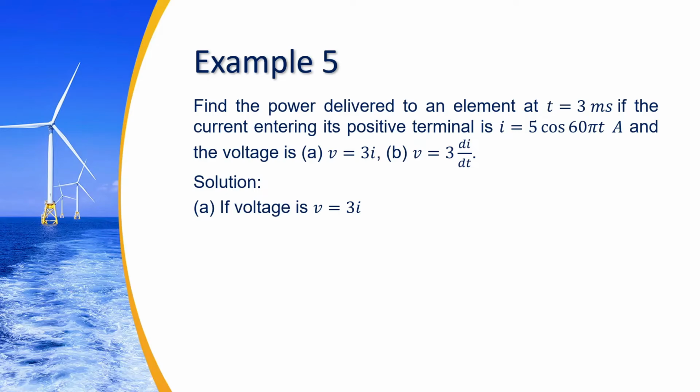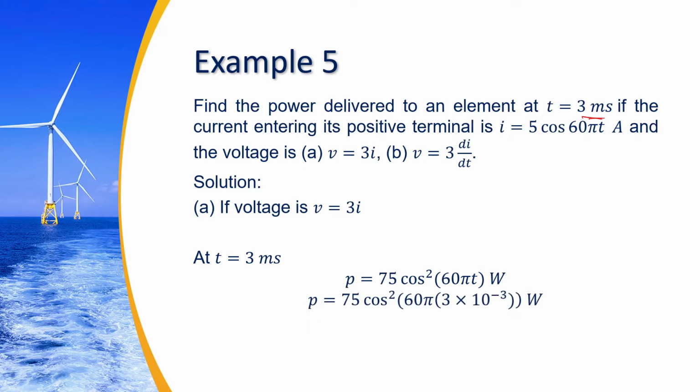Since na meron tayong given na time na 3 milliseconds, i-substitute lang natin yung time na 3 milliseconds dito sa t. So, therefore, the answer is 53.4667 watts. Okay? So, meron daw tayong ganyang power kapag ang voltage natin is 3i.